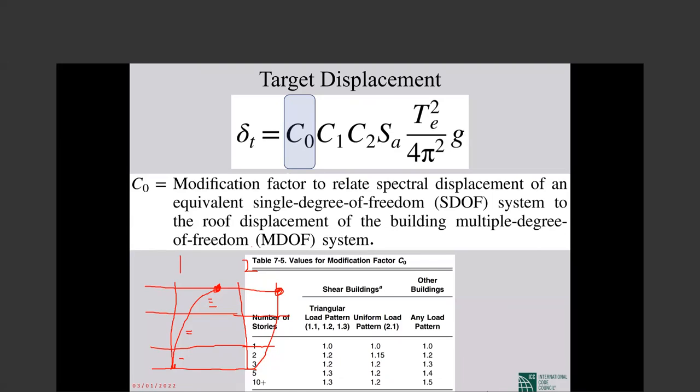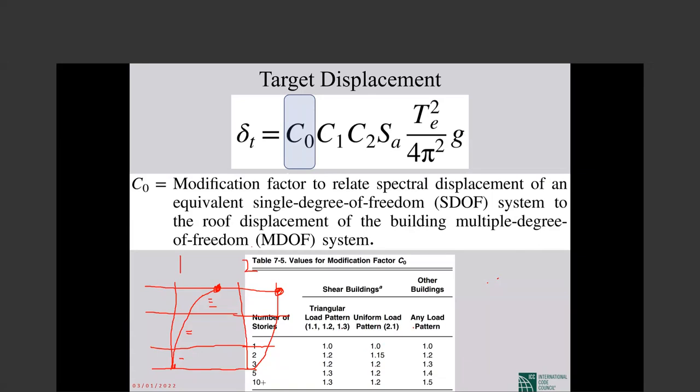But opposite to that, look at type 2. In type 2, unfortunately I don't show my cursor, but you look at the first story, bottom and top of the first story. The deformation difference is too much. The first story drift is too much.